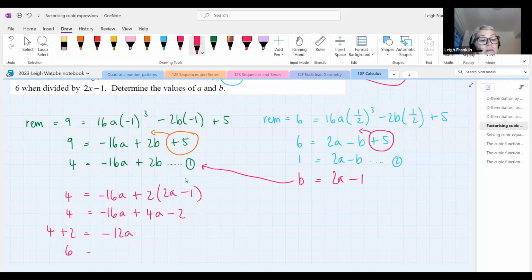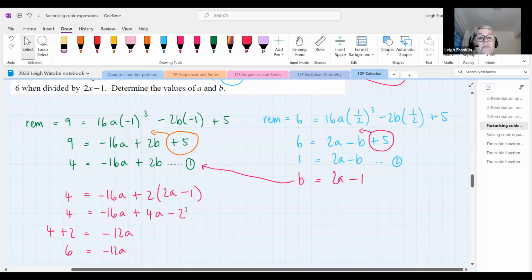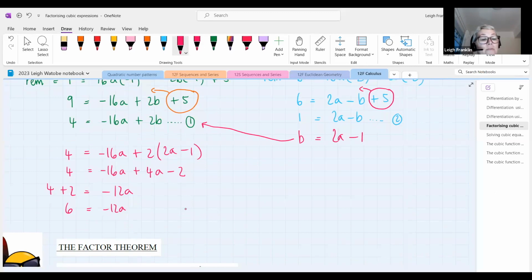So if 6 is equal to -12a, I now need to divide both sides by -12, and that means a would be equal to -1/2. Good, well done.